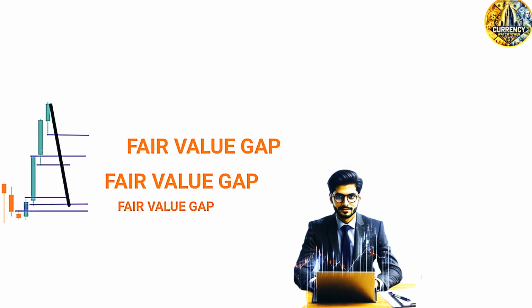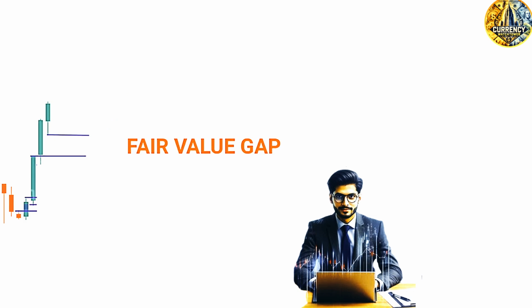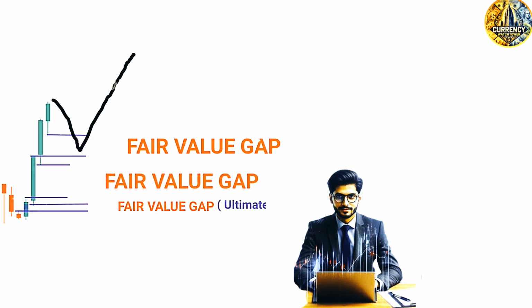Whenever the market gives a pullback here, there is a high chance that the market will come to fill this first fair value gap, because our first fair value gap is at the low point. The probability of the market filling this fair value gap is very high.